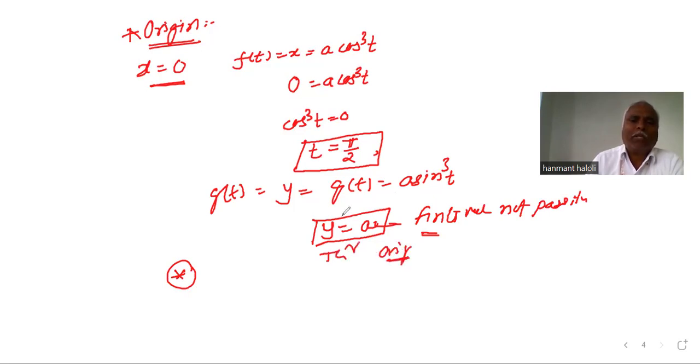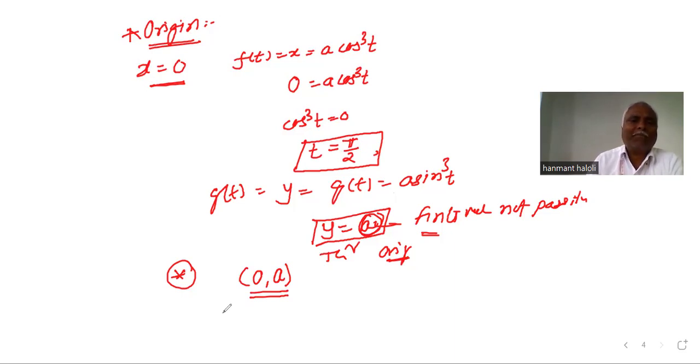We got the value of y equal to a, which is not equal to 0. Which means as x equals 0, y is a, so our curve is intersecting the y-axis at the point 0, a, plus or minus.